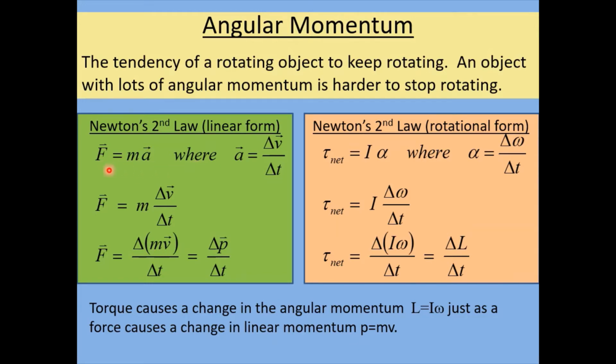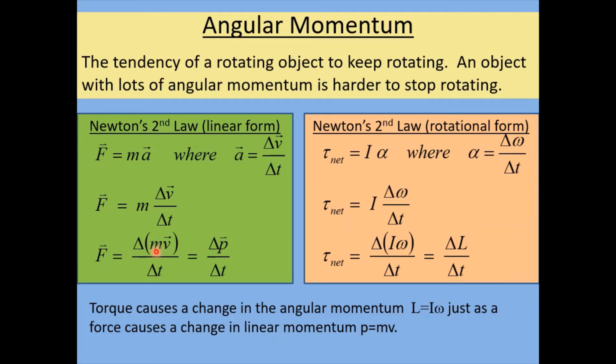We started with Newton's second law, F equals ma. We replaced the acceleration with the change in velocity, delta v, over delta t. So we substituted this expression in, and we got force is equal to mass times delta v over delta t. Then we did a little trick, and we took the mass and moved it up next to the velocity.